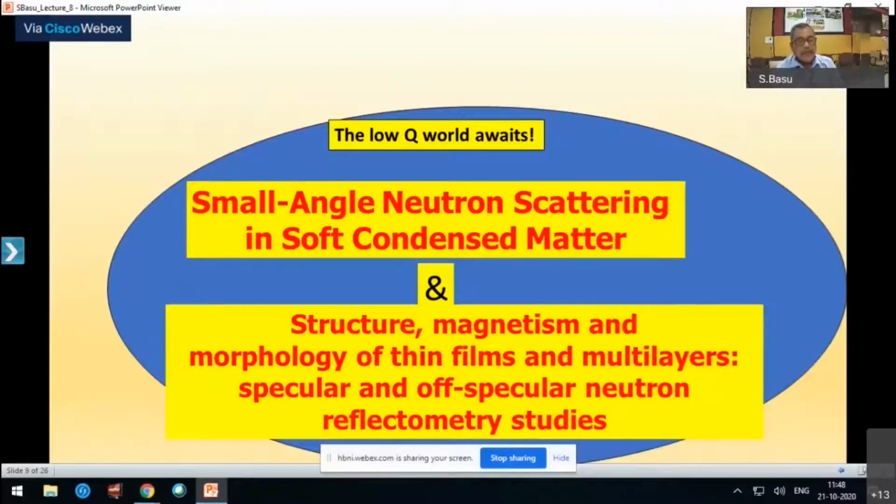Also, there are devices made from thin films, and we need to understand how magnetically they behave. Those studies can be taken up using specular and off specular neutron reflectometry. So there are two techniques on the low Q side. One is small angle neutron scattering, the other one is neutron reflectometry.